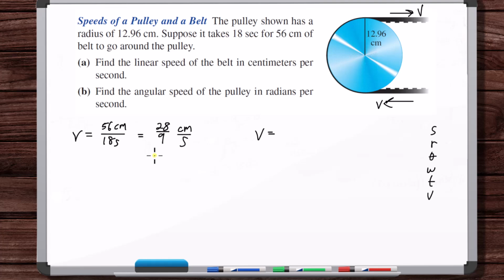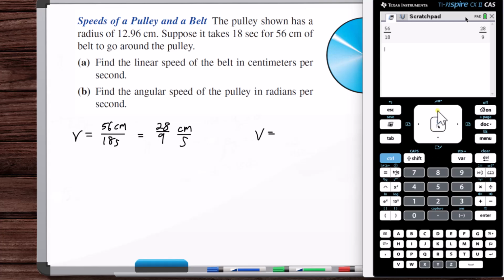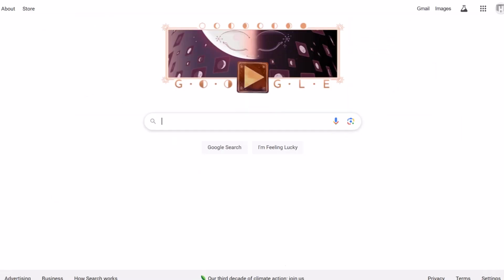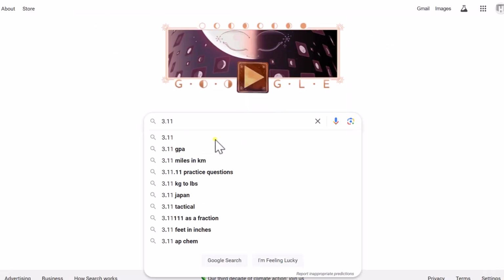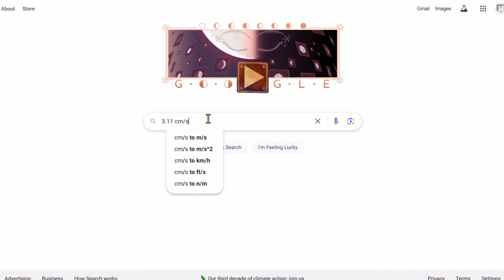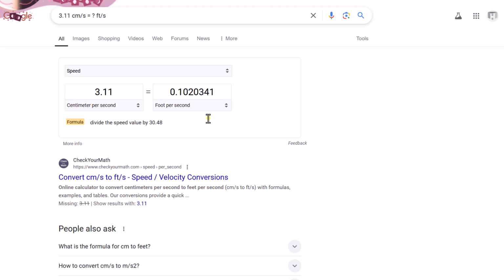Miles per hour, whatever, or maybe, what about feet per second? Okay, so 28 ninths is 3.11 centimeters per second. Google gives you the conversion easily, so 0.102 feet per second.